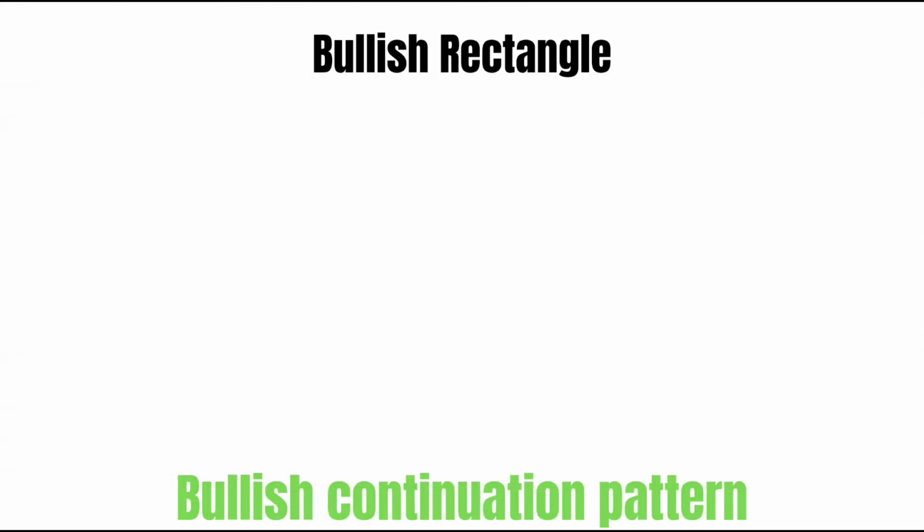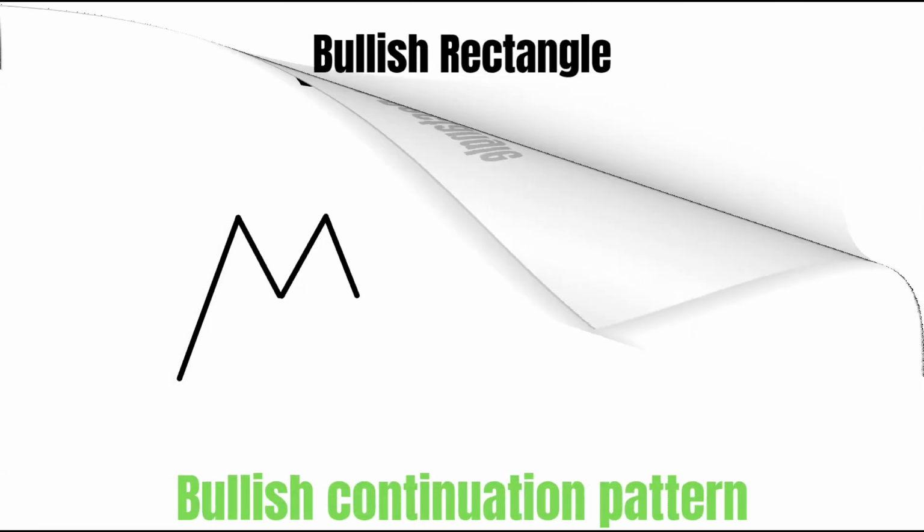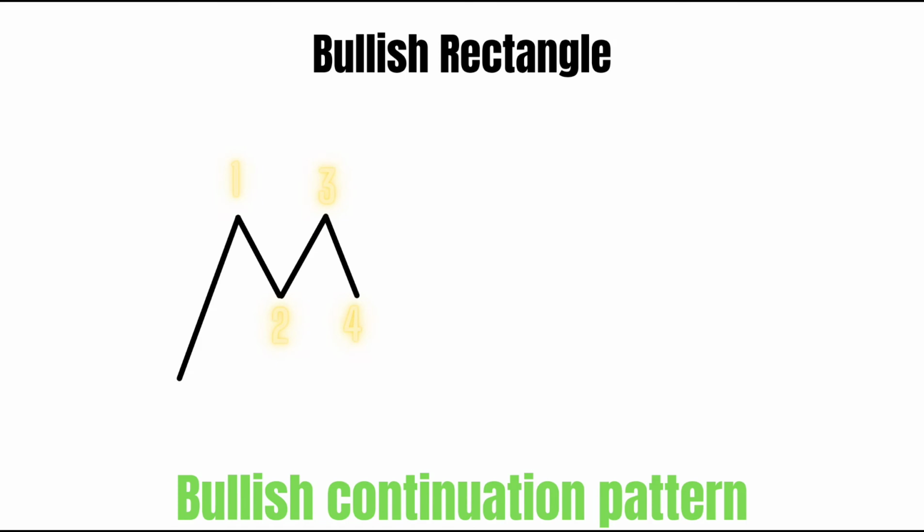The logic behind the continuation pattern is that price has been trending for a while, and now there is some consolidation, since the market cannot keep rising or falling forever. As a beginner, you will eventually notice that price is always oscillating between two modes: trending or going sideways. We will simplify this for the purpose of this video.